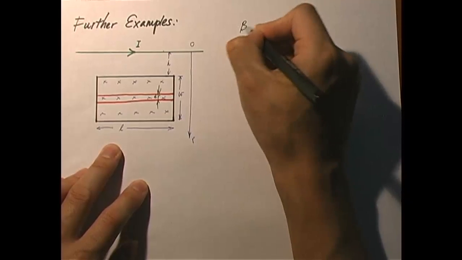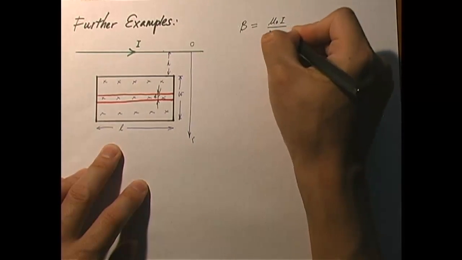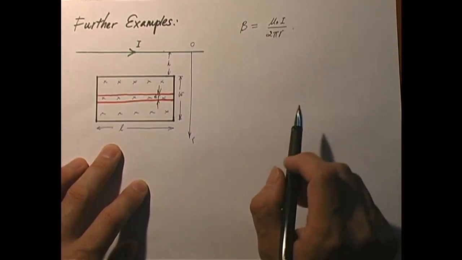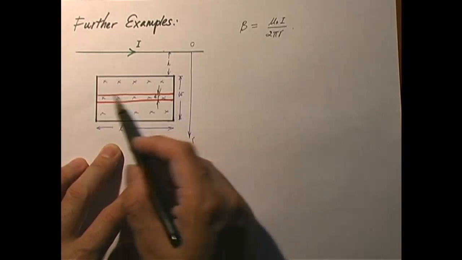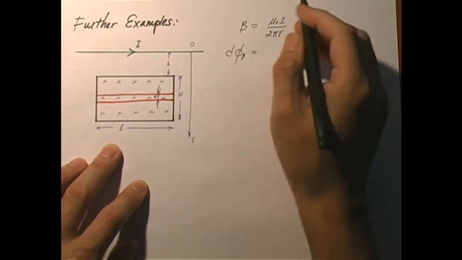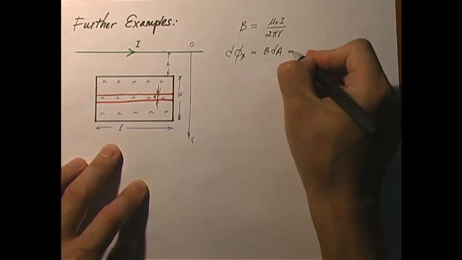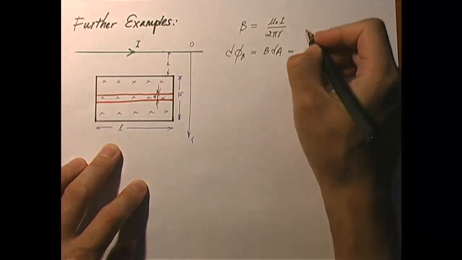We know B equals what? Mu naught I over 2 pi R. Remember that? From that, multiplied by the area of this little strip, we can find the magnetic flux through this little strip, which is d phi B. d phi B will then be equal to B times dA. I'm assuming that B and dA have the same direction, so I don't have to use the dot product.